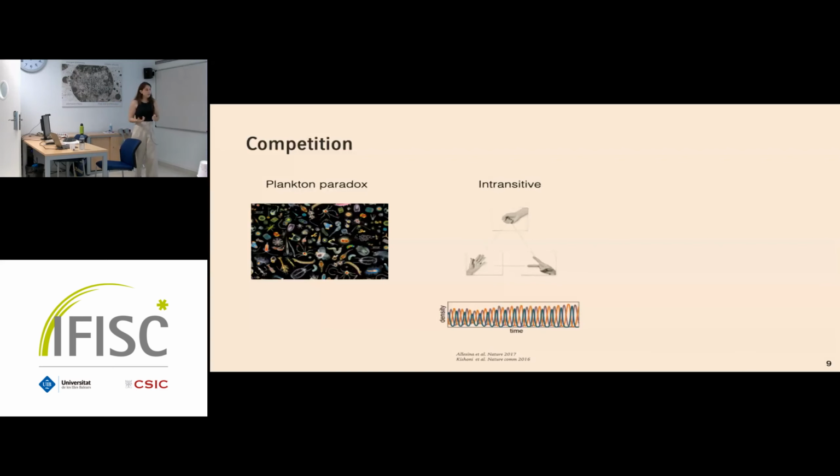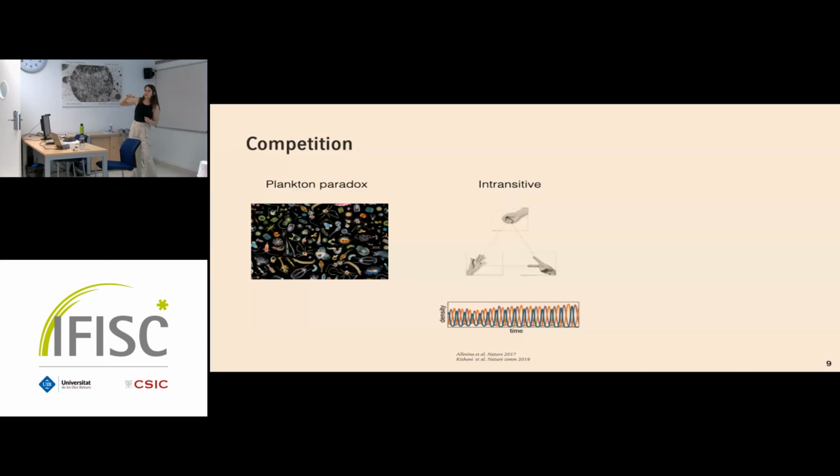And one of the possible mechanisms that has been theorized to resolve this paradox is that of intransitive interactions. So we remove our assumption that we have just one species that is slightly better than the other ones, and we let the species compete in a sort of rock, paper, scissors fashion, in the sense that there is no hierarchy between species.